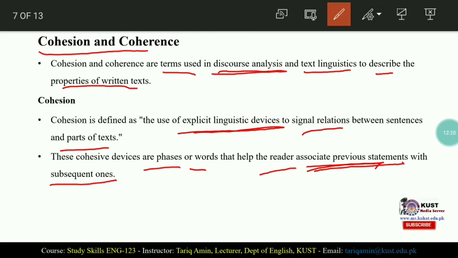Like the previous statement in the above example was he is ill. Now this is the previous statement, and he cannot come to school is the subsequent statement. Now the cohesive device therefore helps us associate the previous statement he is ill with the subsequent statement that he cannot come to school.